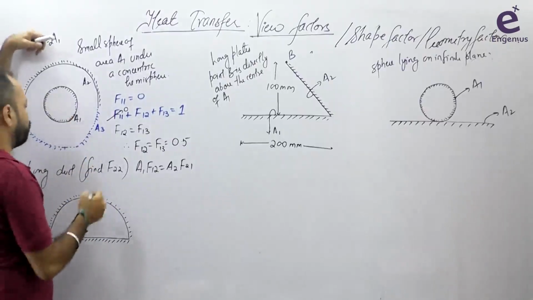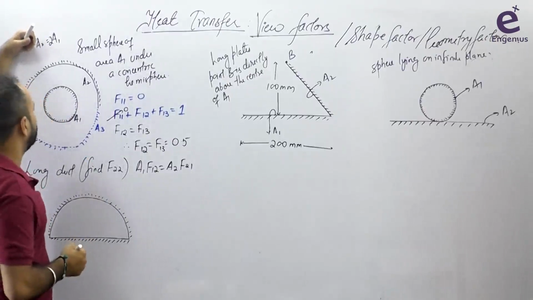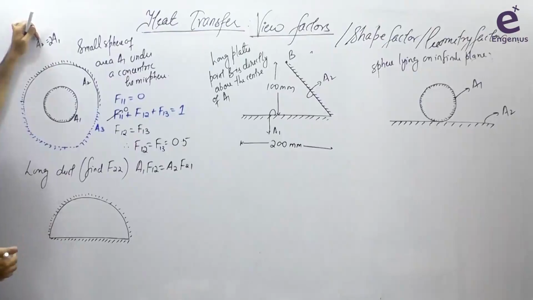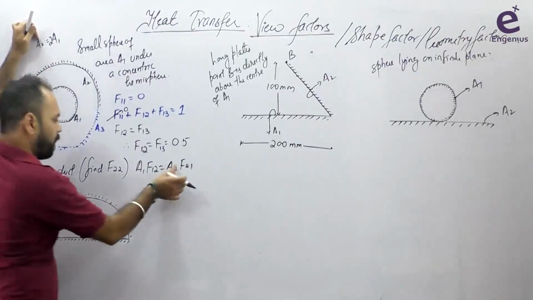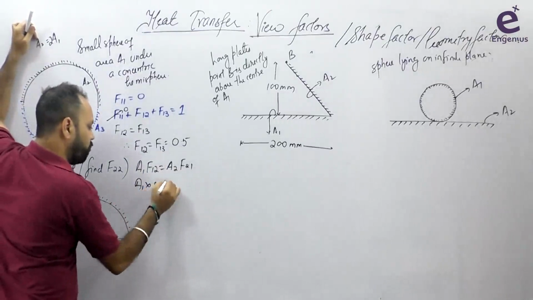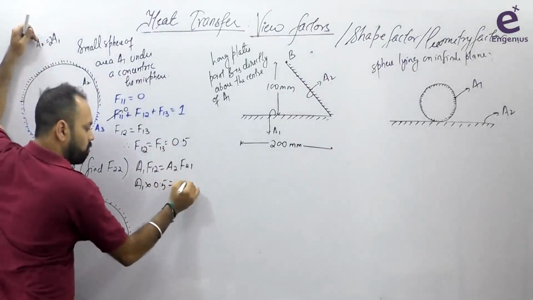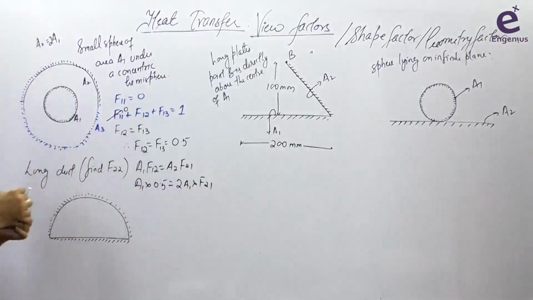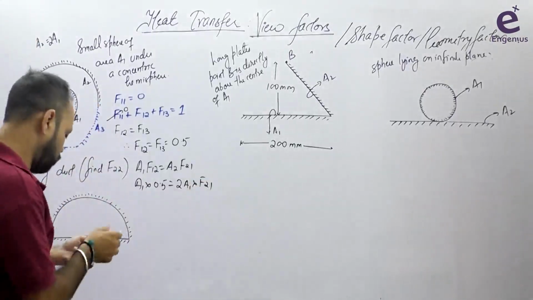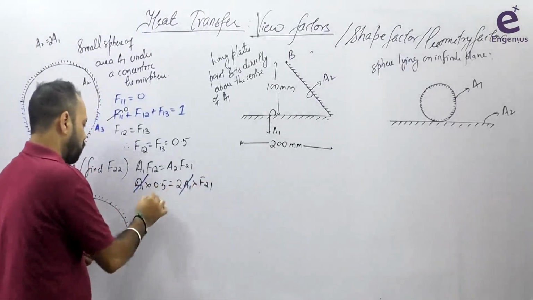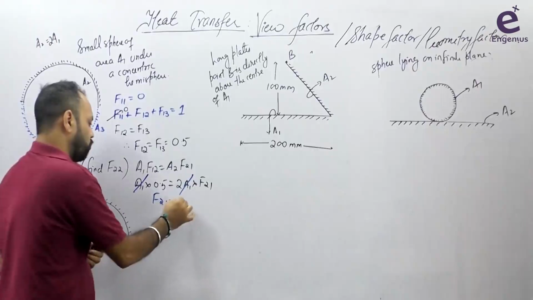The surface area, 4 pi r square, right? But it is given that A2 is equal to twice A1, so not required. You can directly put A1 into F12, which is 0.5, equal to A2, which is twice A1, multiplied by F21. A1 is getting cancelled, and F21 will be equal to 0.25.